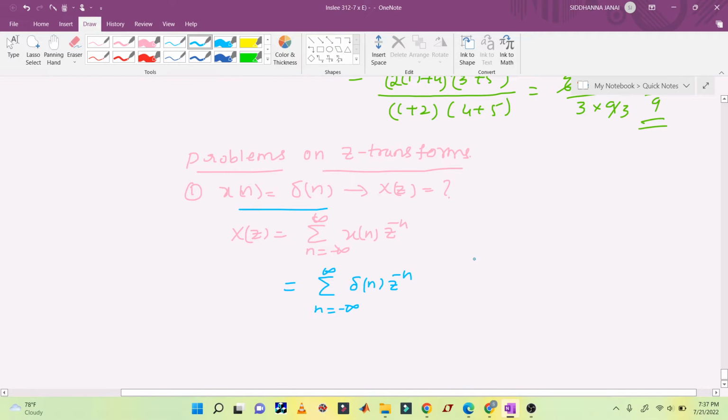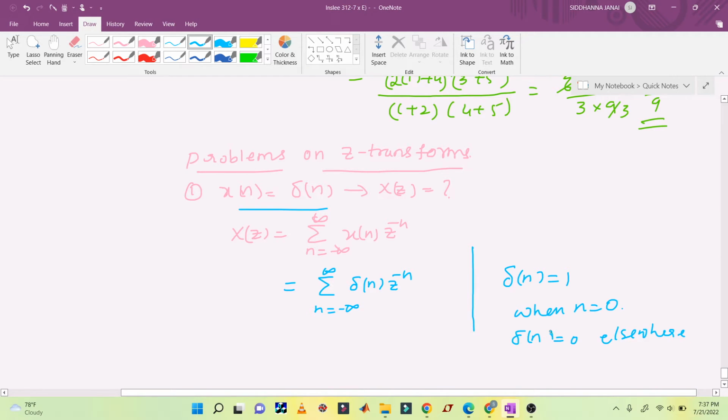So what is the nature of this delta of n? Delta of n is equal to 1 when n is equal to 0. So no need to integrate, no need to sum from minus infinity to plus infinity. It is 1 at only this value, and delta of n is equal to 0 elsewhere.